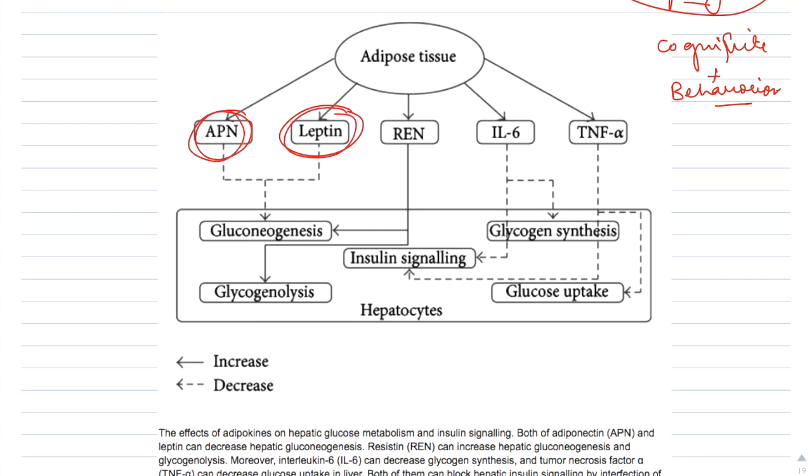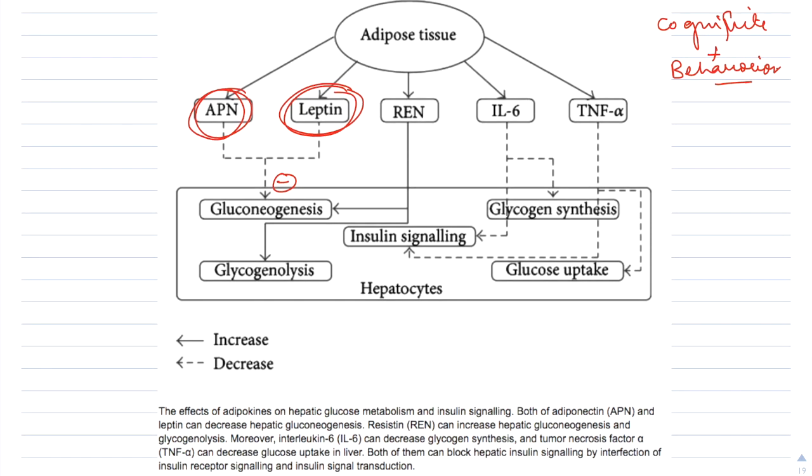Adiponectin and leptin are responsible for inhibition of gluconeogenesis in the liver, and they also decrease glycogenolysis, while resistin causes inhibition of insulin signaling, and it promotes gluconeogenesis and glycogenolysis.